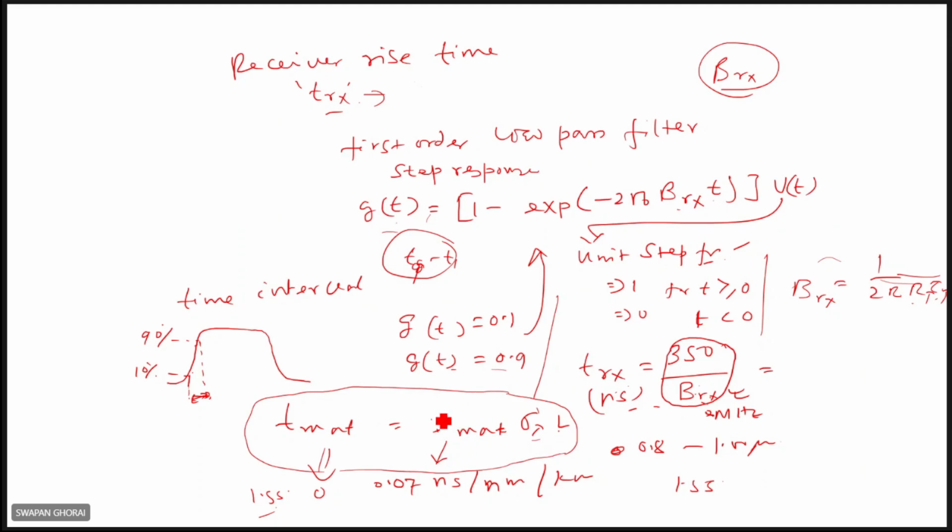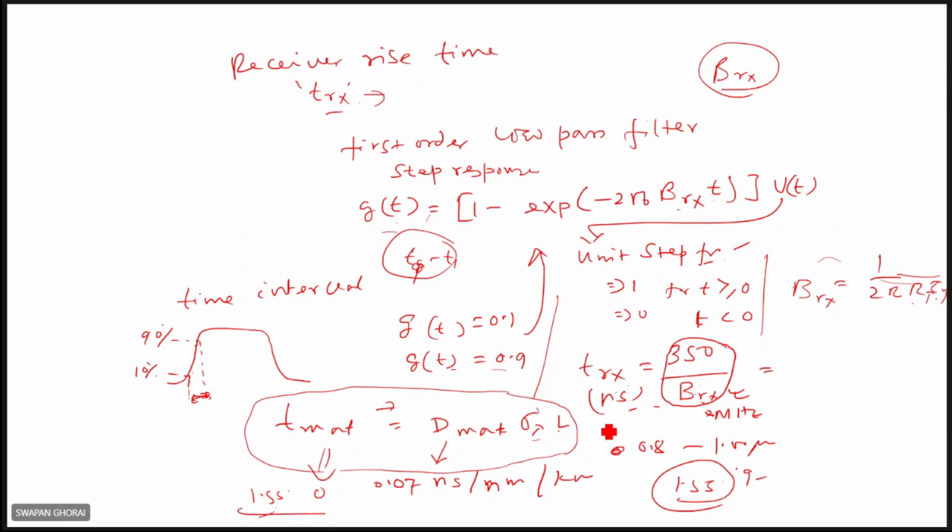Right, that is a standard expression for material dispersion. Now here, of course, you can neglect this material dispersion if the wavelength is on the longer wavelength side, 0.9 and above. So if it is 1.55 microns, then you can consider T material to be 0.